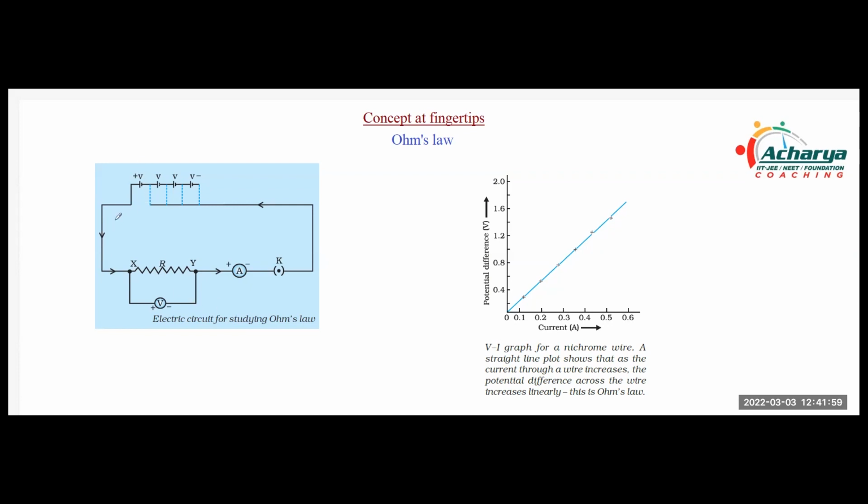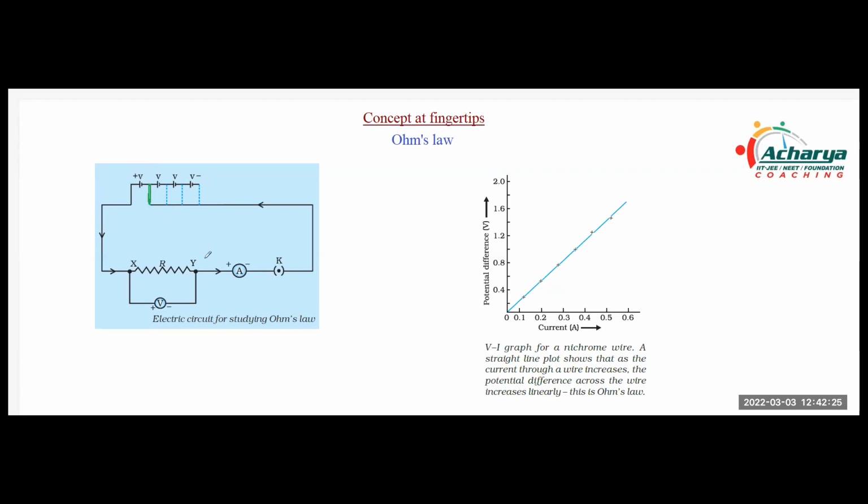For this experiment, we'll be using some cells. As we can already see, there are 4 cells connected, and they have shown this dotted line to show that these are connected one by one. At first, when we start the experiment, only the first cell will be connected.